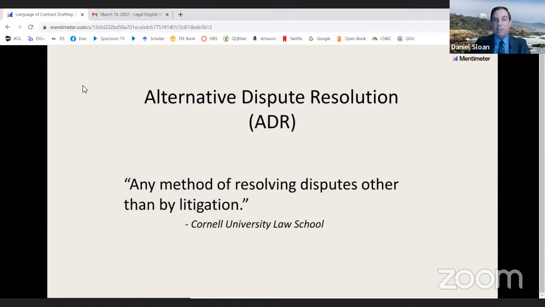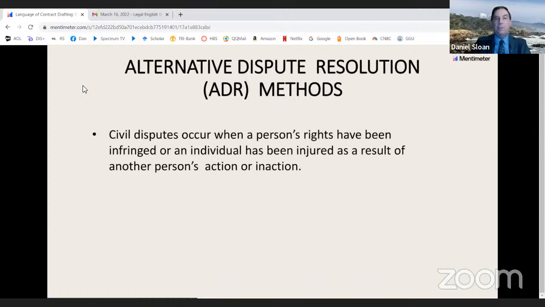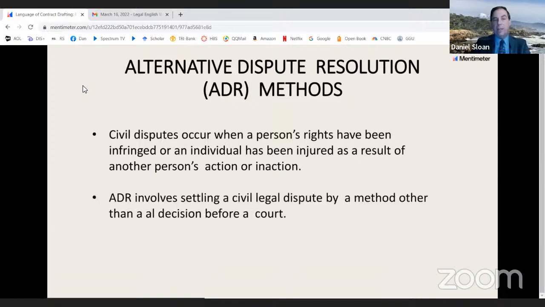So ADR is any method of resolving disputes other than by litigation. Civil disputes occur when a person's rights have been infringed or an individual has been injured as a result of another person's action or inaction. Those are some of the disputes that we might find in civil litigation. ADR involves settling a civil legal dispute by a method other than a decision before a court.